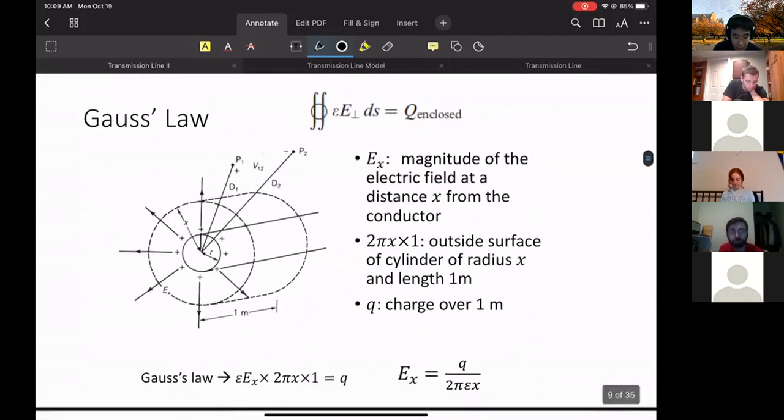We're interested in the following quantity: how big the magnitude of the electric field is. So I have some line carrying charge, and I move a distance x away from this line.